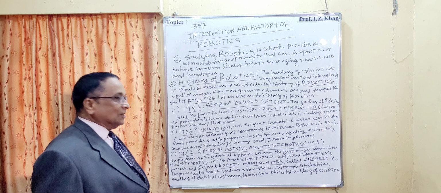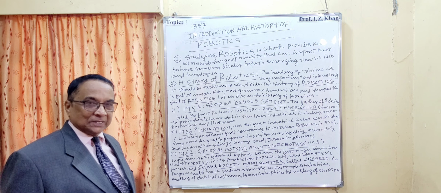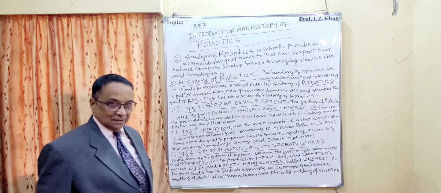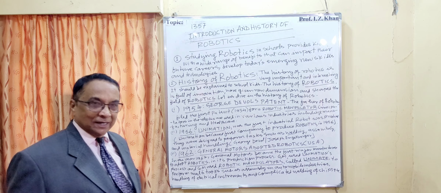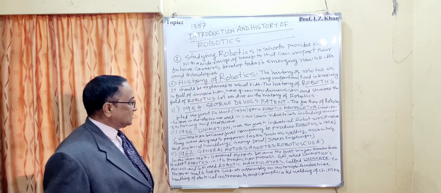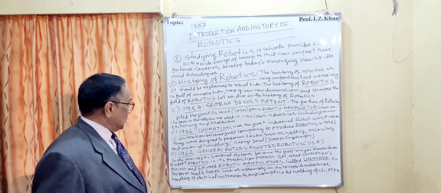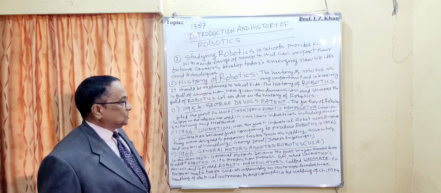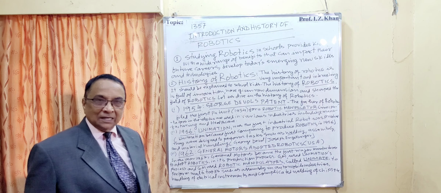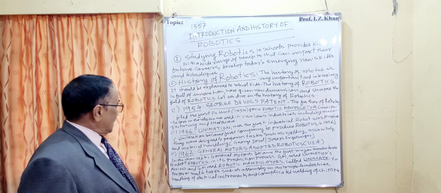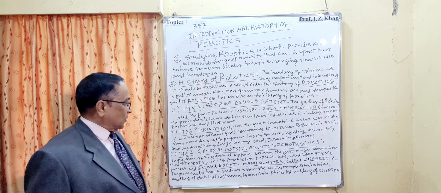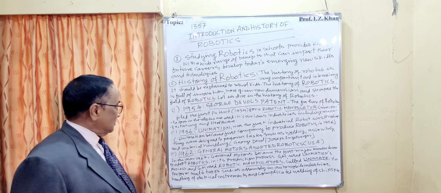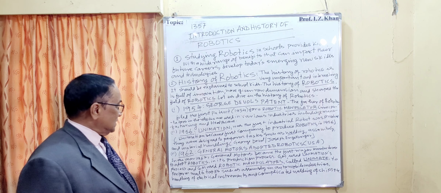Number 2, 1956. In 1956, one company was established, and its name is Unimation. Unimation produced the first industrial robot, and became the first company to produce robots in 1956. They were designed to perform tasks such as welding, assembly, and material handling in industries.